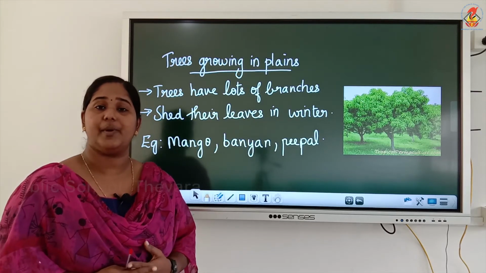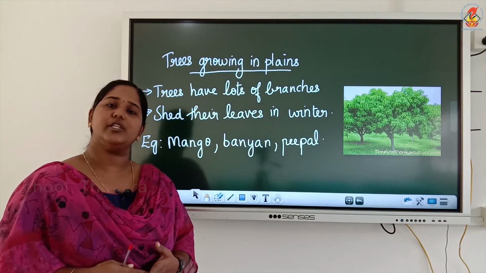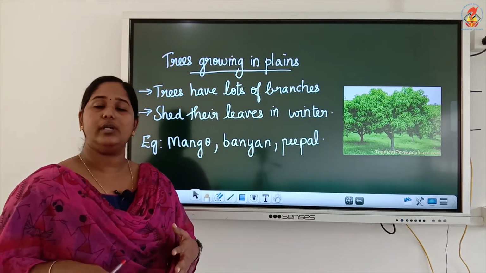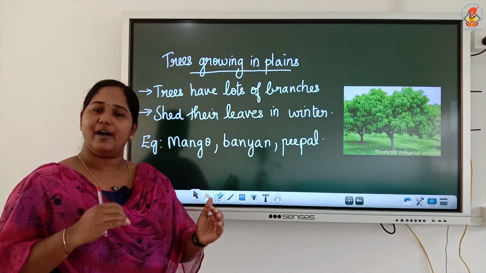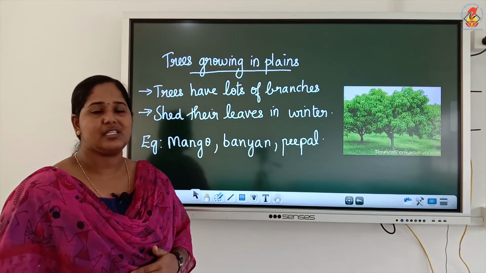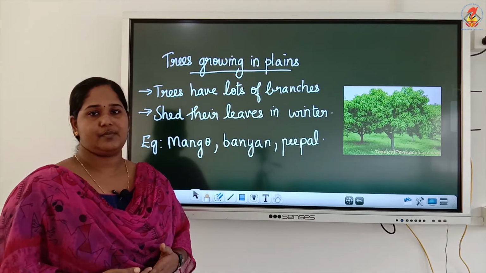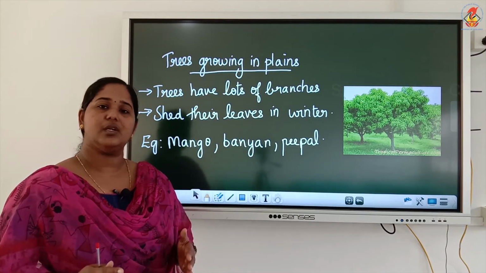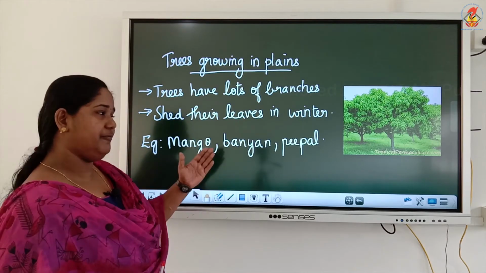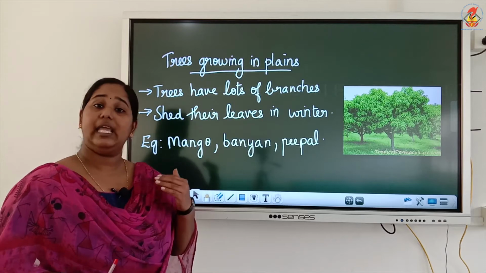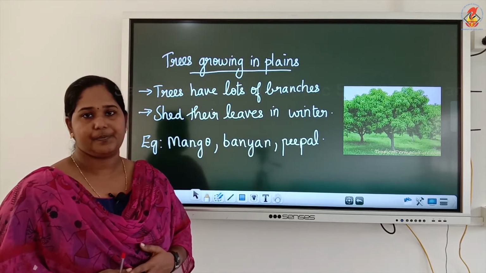If you have a mango tree at your house, you can see the leaves falling down during winter. After winter, you have spring season in which new leaves start sprouting out. So normally trees that grow in plains have lots of branches with lots of leaves, they shed their leaves during winter, and they can bear the heat in summer.